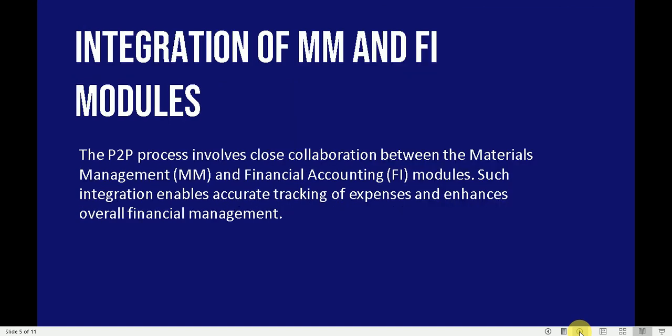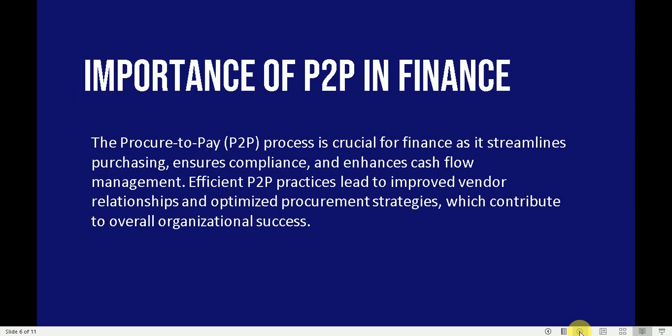Okay, so it's a part of the integration of the MM and FI modules. The P2P process involves close collaboration between the materials management and the financial accounting modules. Such integration enables accurate tracking of expenses and enhances overall financial management. Okay, importance of P2P in finance.